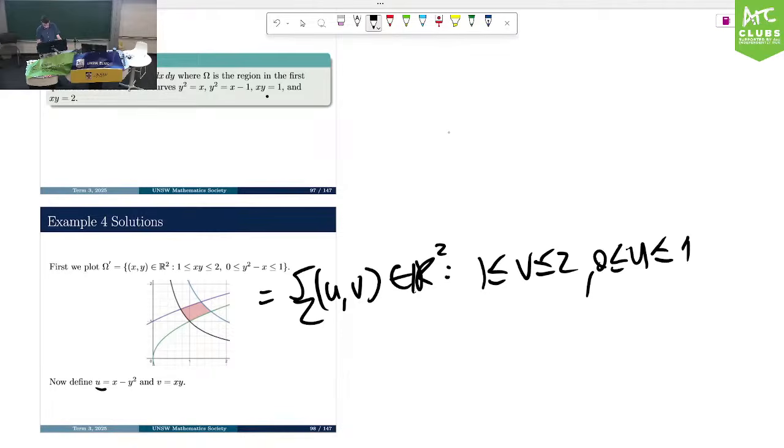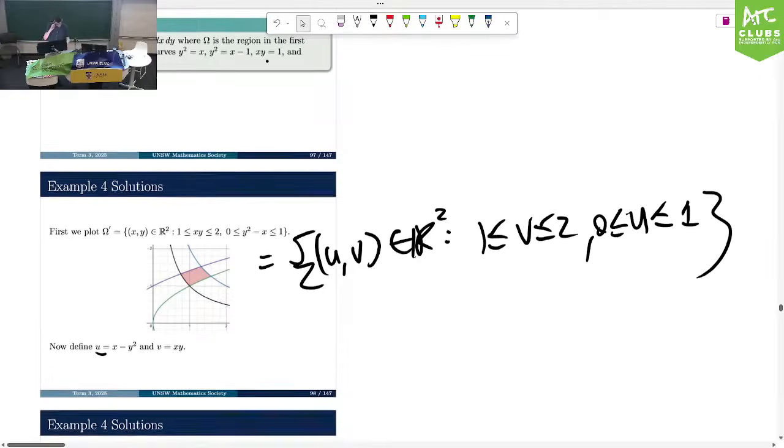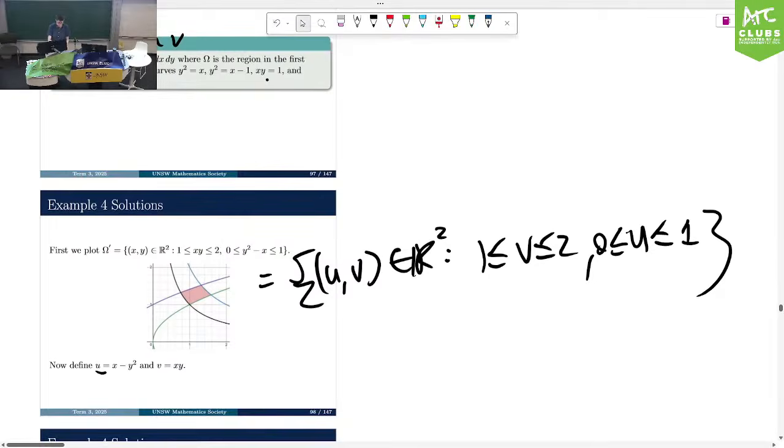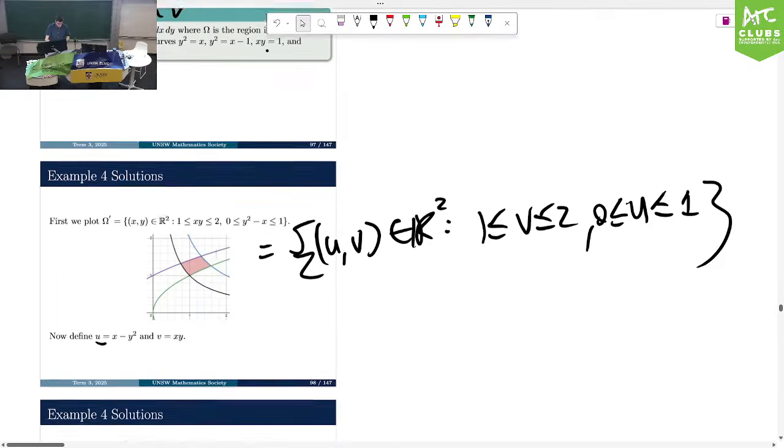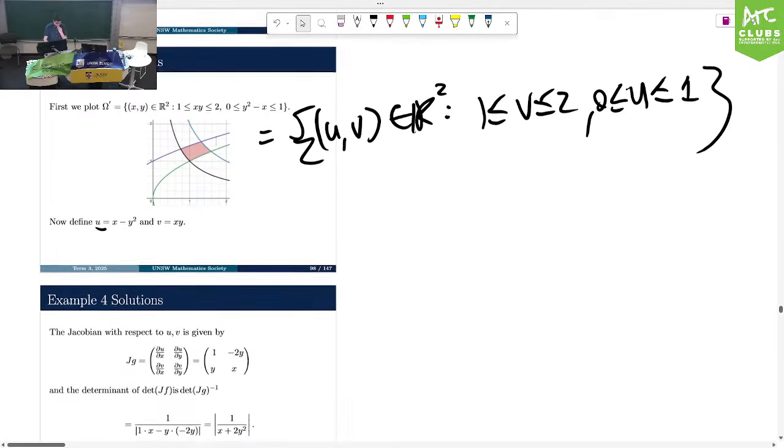So we have nice bounds for u and v there. Okay, so that makes the area we want to integrate over much simpler. And we can also say that this part here is going to be v, and we can make what this looks like from this. We'll look through that in a second though.